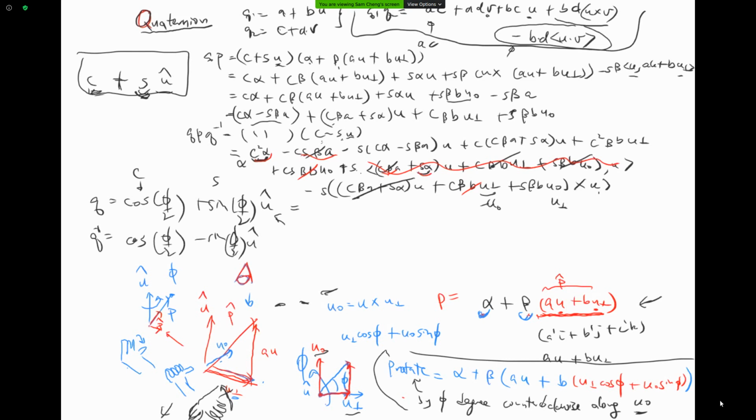Let's see what else. For this guy, let me check. I have SC alpha U and I have SC alpha U, and there's a minus sign here, so again this can get cancelled.